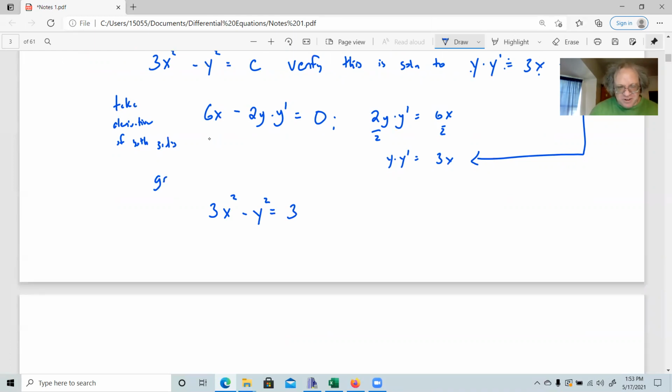They want us to graph this and explore the solution space to this differential equation. The first thing they say is graph it. Divide both sides by 3. We have x squared minus y squared over 3 is equal to 1. And if memory serves, this is a hyperbola.